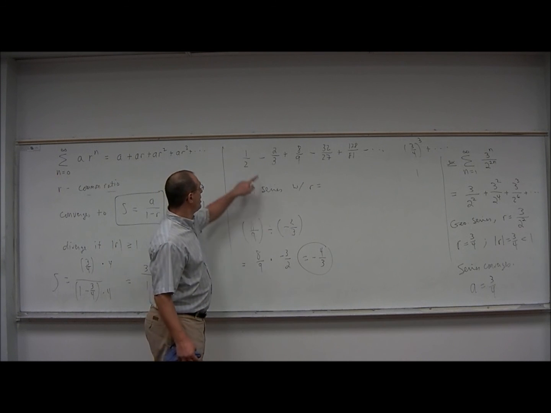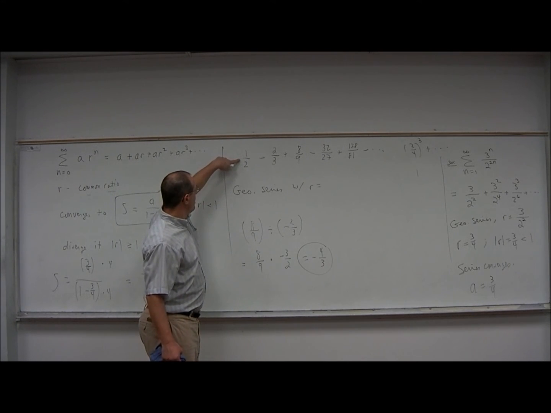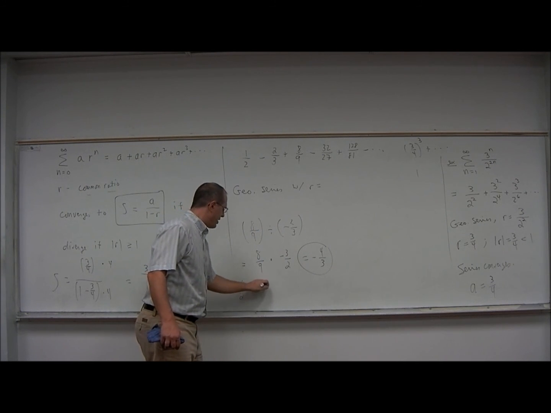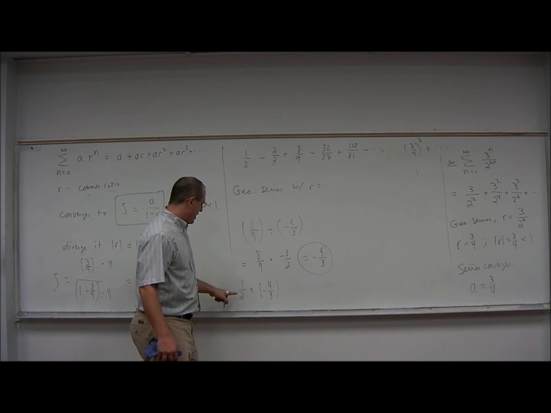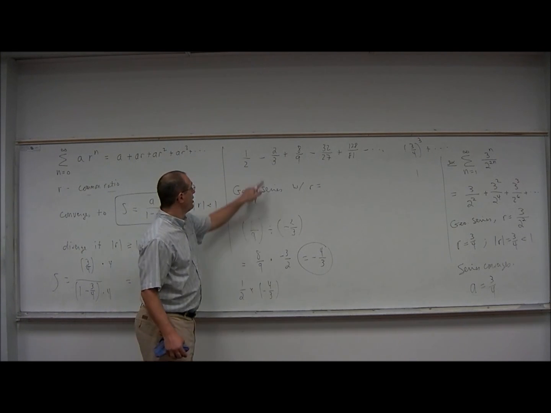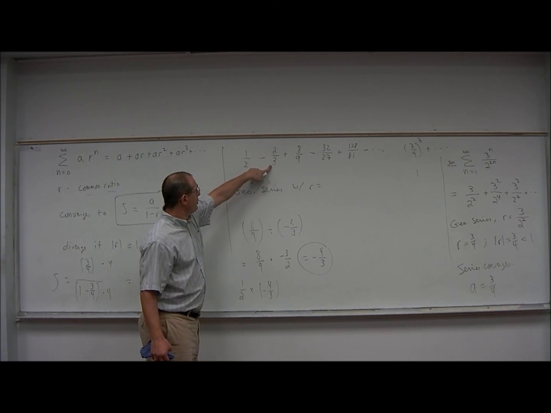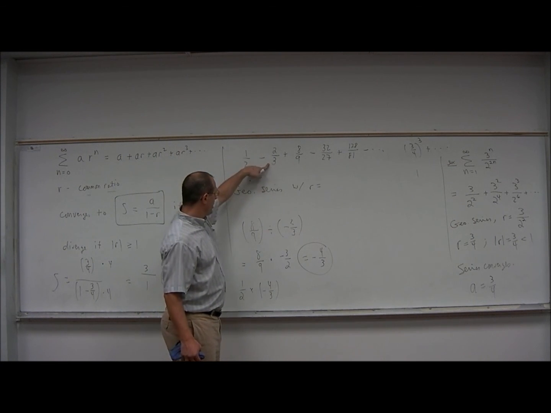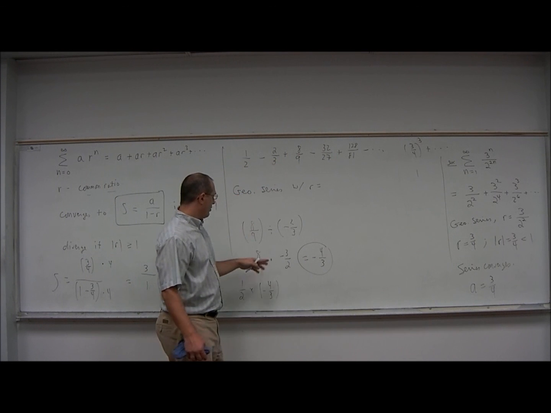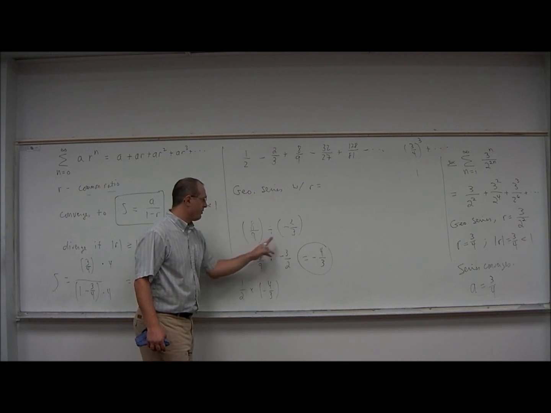Let's just double check. If I take 1/2 and multiply by negative 4/3, I will get negative 4 over 6, which reduces to negative 2/3. And then multiplying that by negative 4/3, I should get 8/9. So that's how we created the 4/3 in the first place from this division.